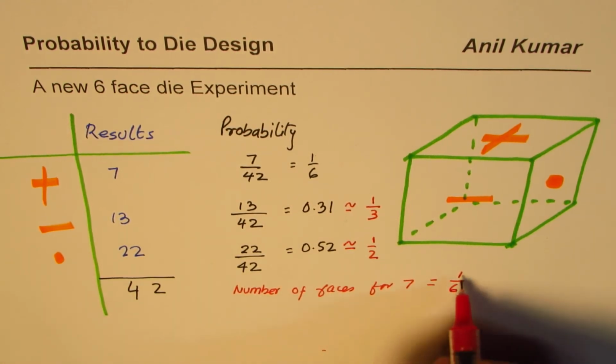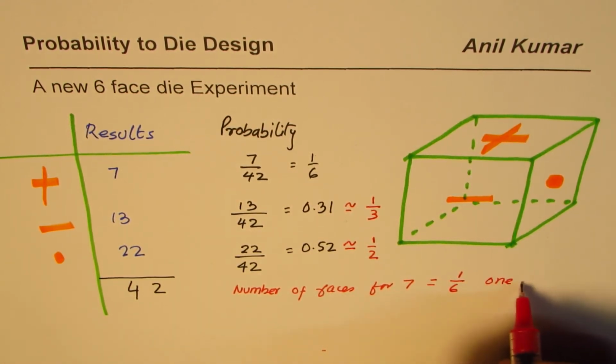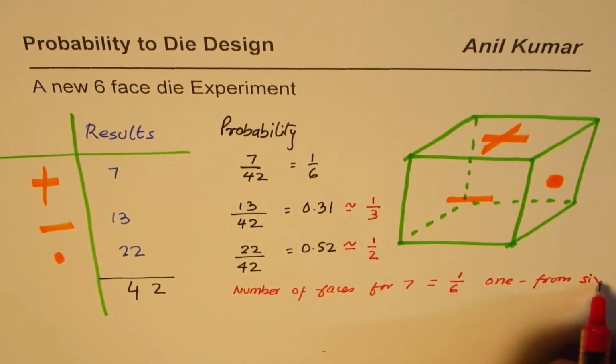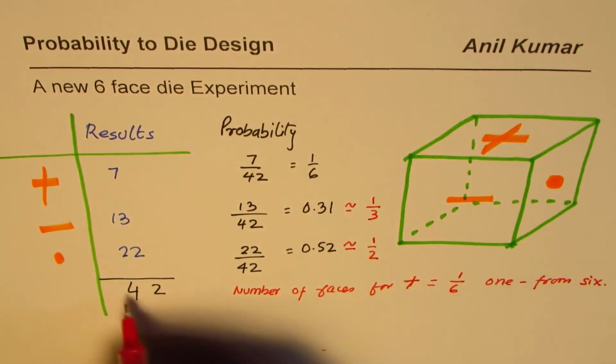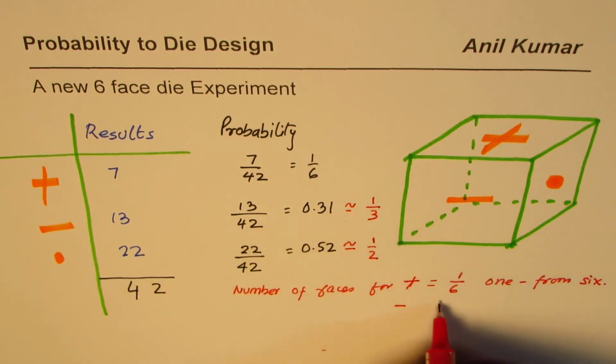That means 1 out of 6, that means 1 from 6. For minus, it is 1/3.